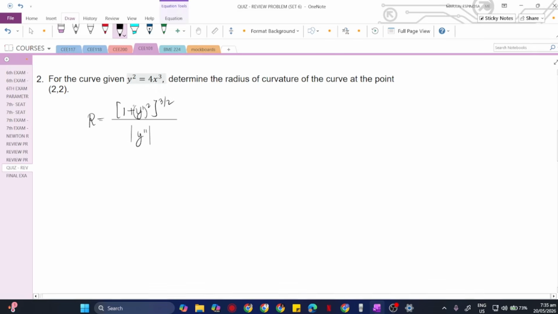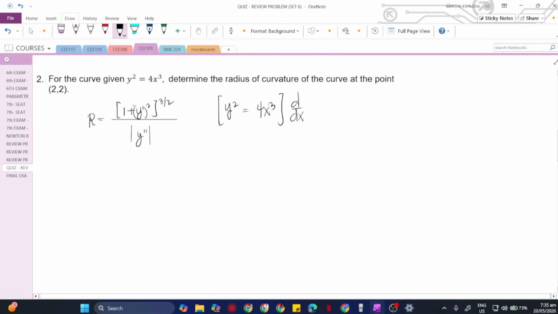So, let's get the first derivative first. I will write the equation again: y squared equivalent to 4x cubed. Now, obviously, we can use implicit differentiation for this. So we can take the derivative of our given function with respect to x.